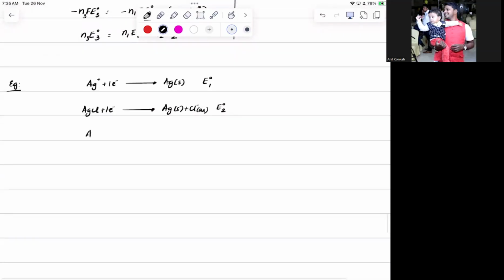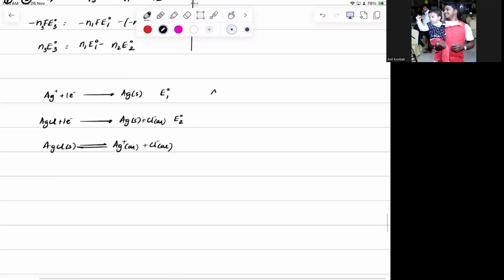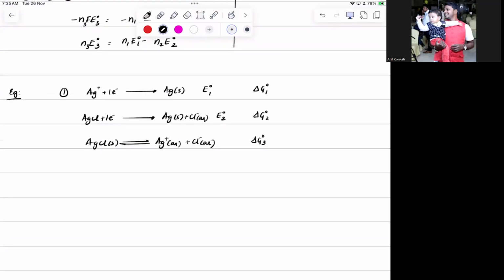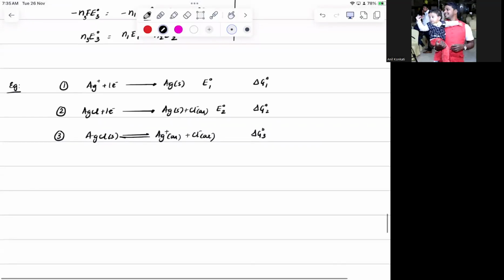And then AgCl solid, if it is in equilibrium, gives Ag plus aqueous plus Cl minus aqueous. For this one is delta G naught 1, for this one is delta G naught 2, this one is delta G naught 3. This is equation 1, 2, and 3. So let us try to understand how to get 3 out of this 1 and 2.